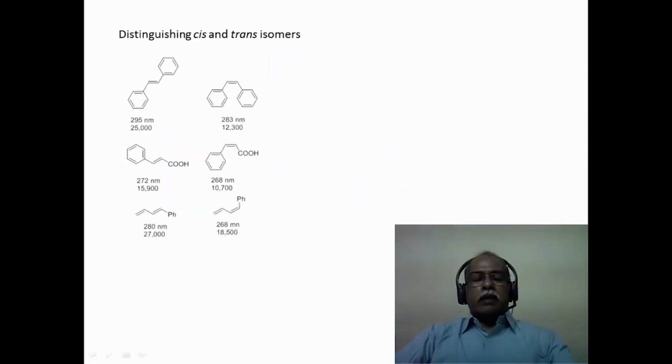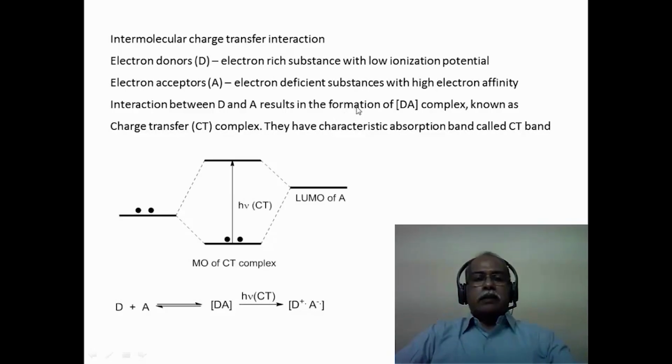One can observe the intermolecular charge transfer transition also, provided a donor molecule and an acceptor molecule come close to each other. What is an electron donor? Electron donors are substances which are electron rich in nature with low ionization potential, whereas electron acceptors are substances which are electron deficient in nature with very high electron affinity. That is the characteristic feature of an electron donor and an electron acceptor.